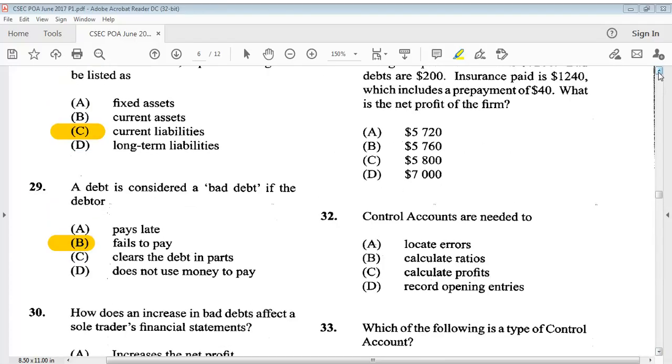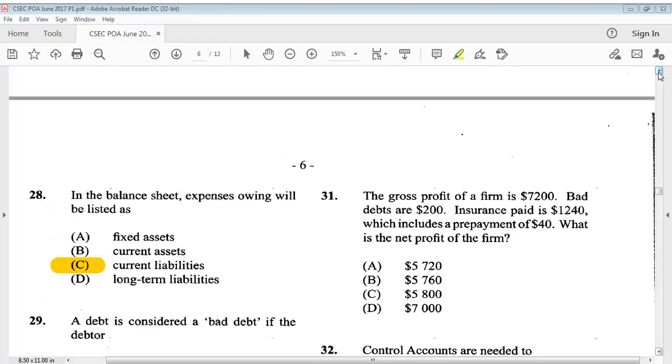31. We'll be stopping at question 34. 31 says, the gross profit of a firm is $7,200. Bad debts are $200. Insurance paid is $1,240, which includes a prepayment of $40. What is the net profit of the firm?